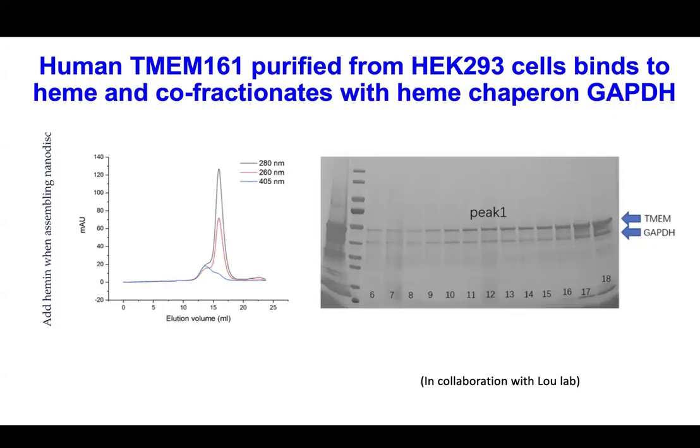They basically purified both TMEM161B and the GAPDH protein directly from the HEK293 cell, and then they used both proteins to do the co-fractionation and spectral analysis, the absorption analysis, and so this data suggests that they are able to co-migrate after the purification, these two proteins, and also the spectral analysis indicates that the human homolog TMEM161B can form both monomer and a polymer, and this absorption for heme indicates that the polymer, the oligomerized form of TMEM161B appears to have higher affinity for heme molecule.